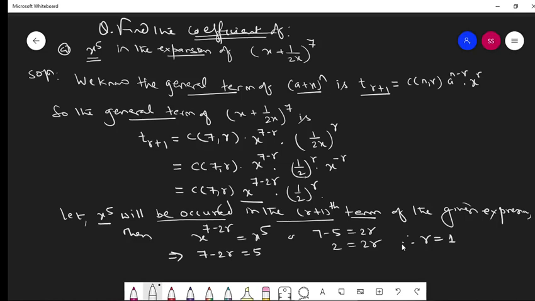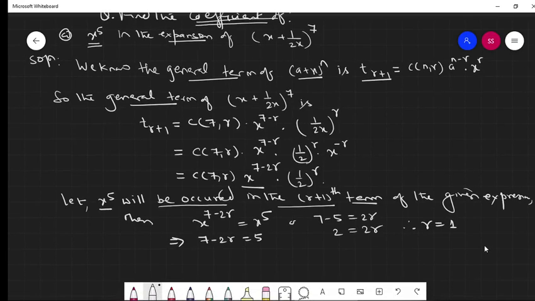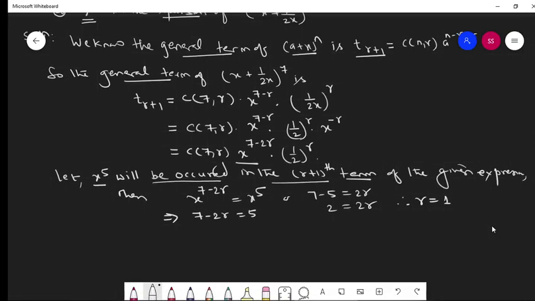So we found the value of r is 1, but our target is to find the coefficient of x to the power 5.